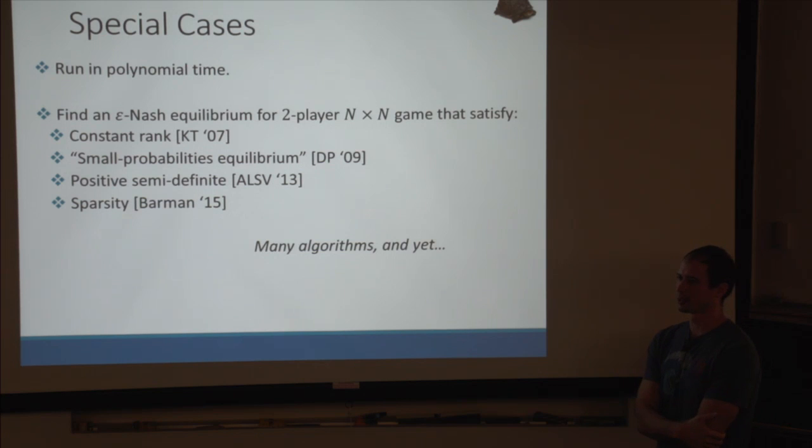But there was this feeling in the community that a full PTAS is just around the corner, and people were actually working on trying to get an algorithm. It wasn't at all clear that there would be a quasi-polynomial lower bound.